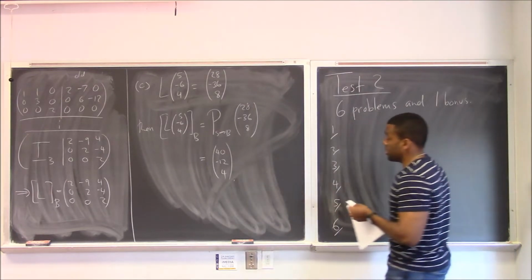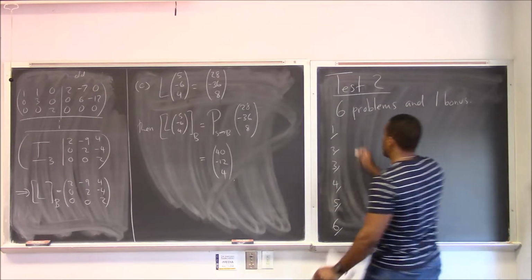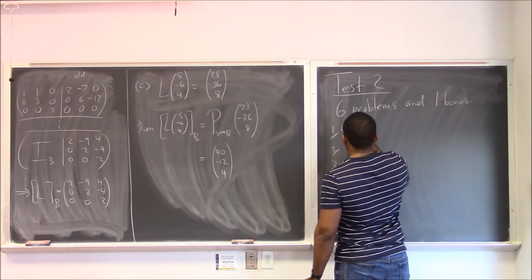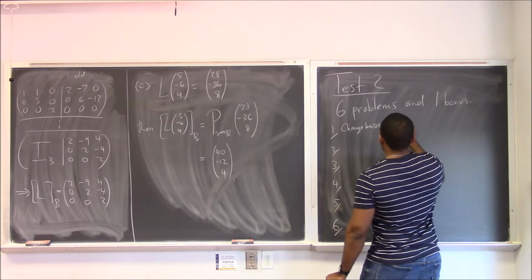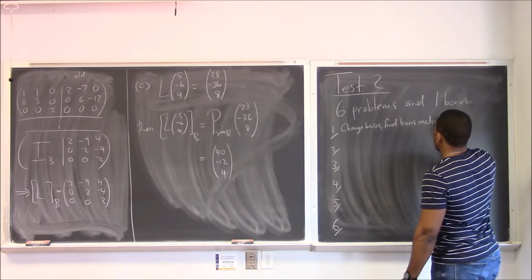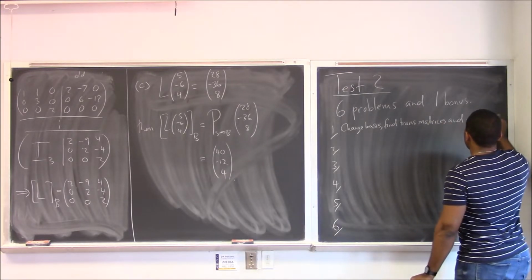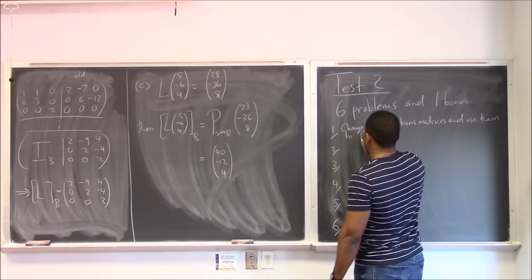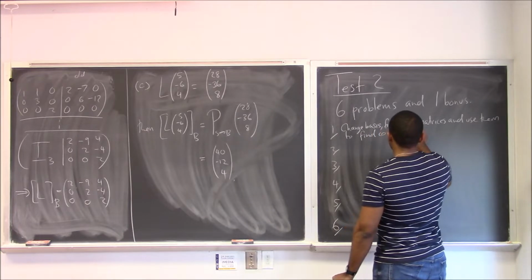So the first thing you need to know how to do is things like this. Know how to change bases, find transition matrices, and use them to find coordinates with respect to some basis.